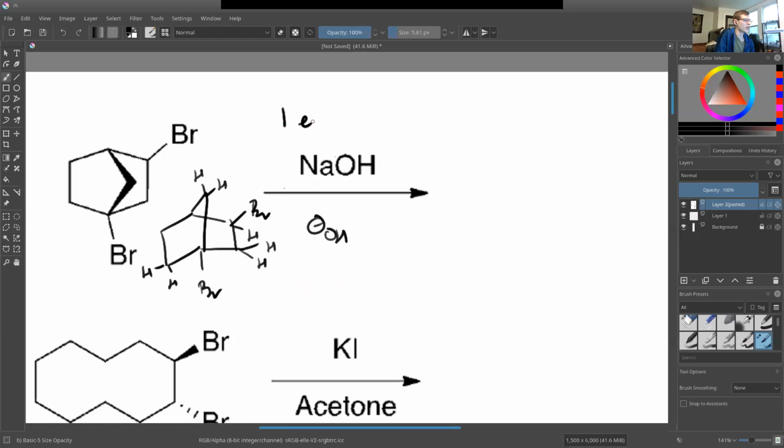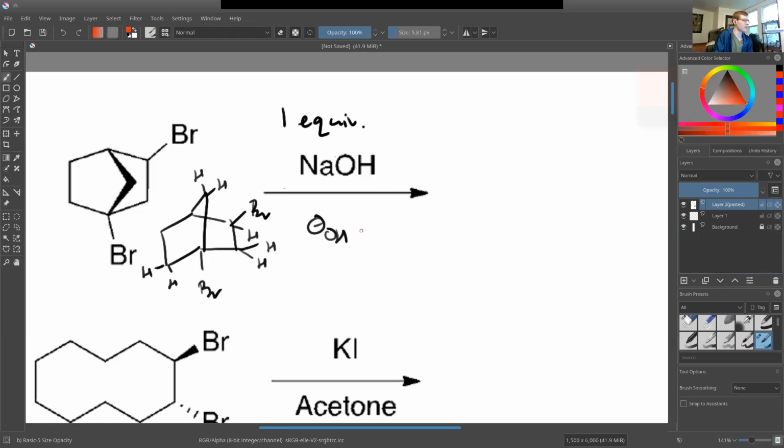Why don't I even say we give it one equivalent of sodium hydroxide, which they kind of threw at you on the last quiz and didn't actually explain what that meant. So we only expect to pull off one hydrogen. We only expect to do this reaction one time. We're giving it just enough so that it happens once and then no more.